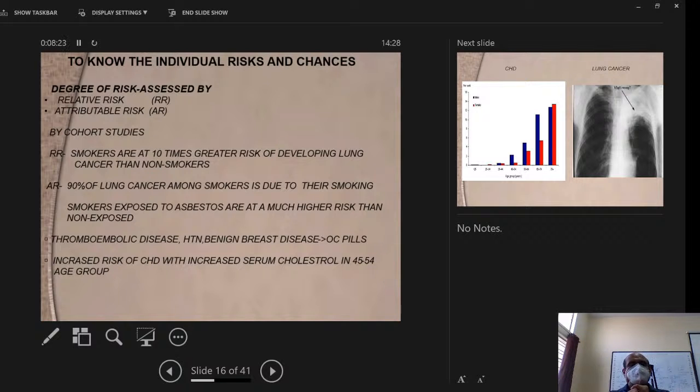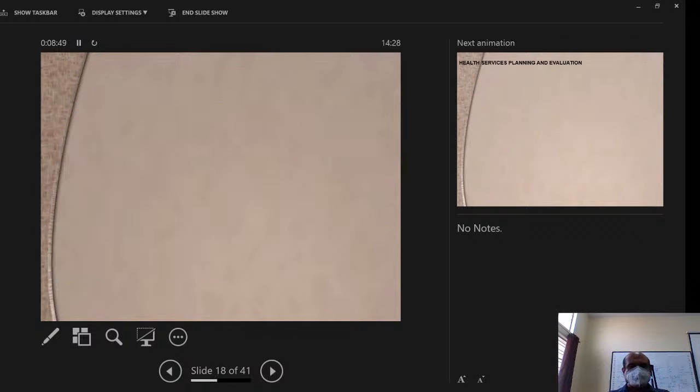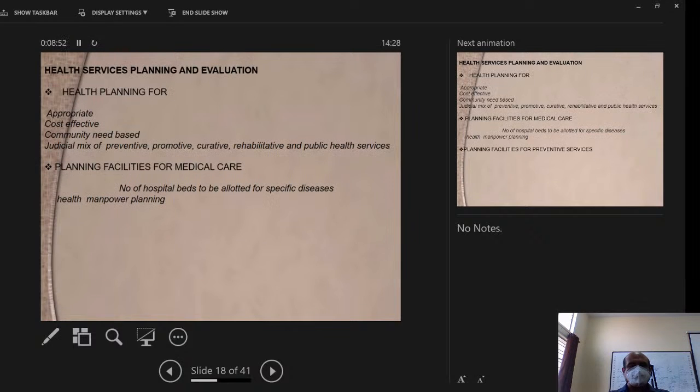Now, in attributable risk, 90% of the lung cancer among smokers is due to their smoking. Smokers exposed to asbestos are at much higher risk than non-exposed. So these are examples. Again, I'll just skip the examples.